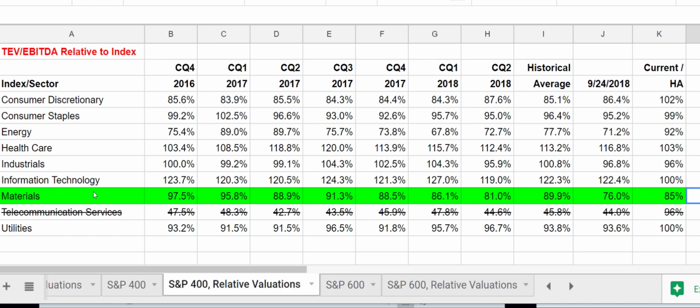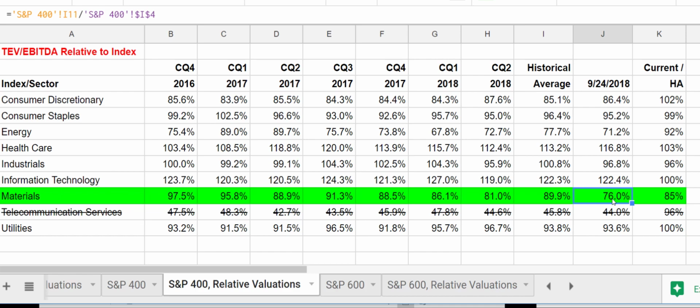So let's take materials, which is in row 10. The logic here is that this is traded at a ratio of about 90% relative to the index historically. And again, we're looking over the past couple of years. Right now, it trades at a ratio that's 76% relative to the index.